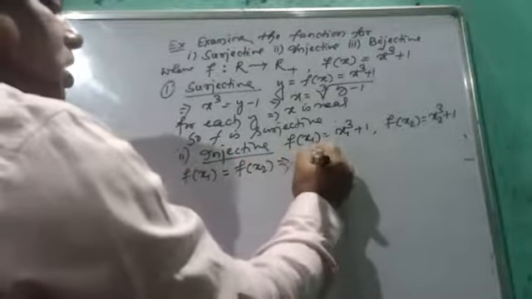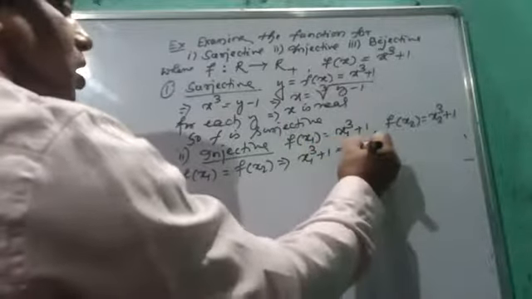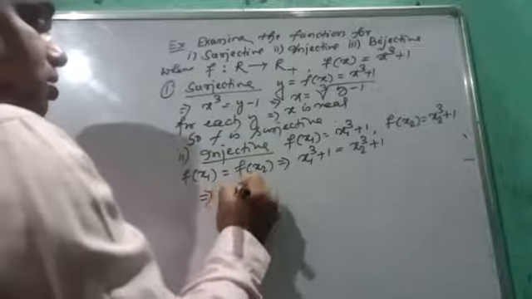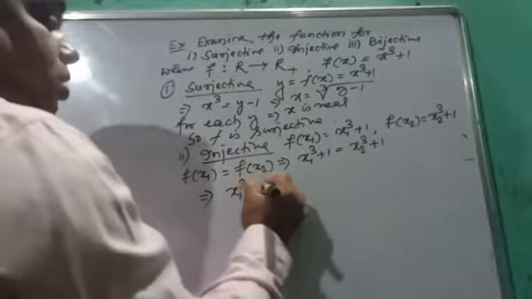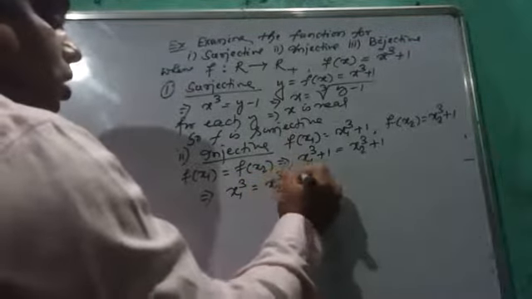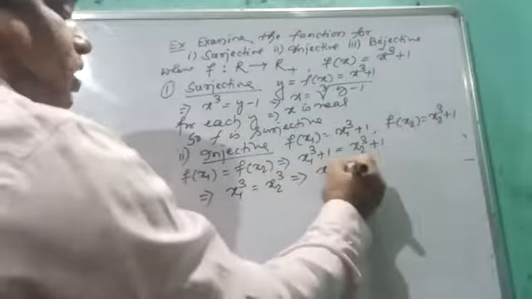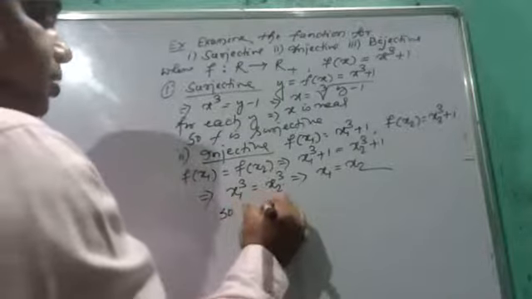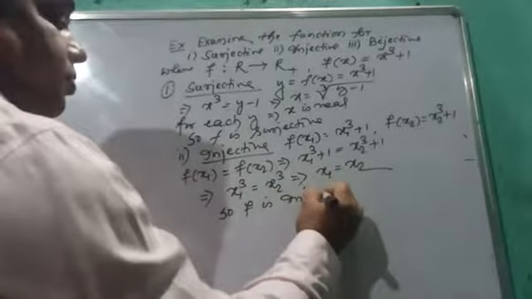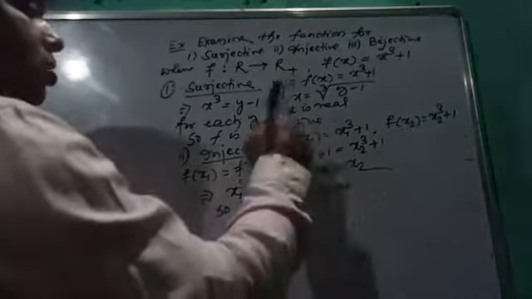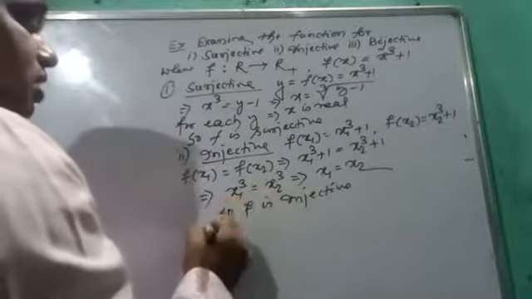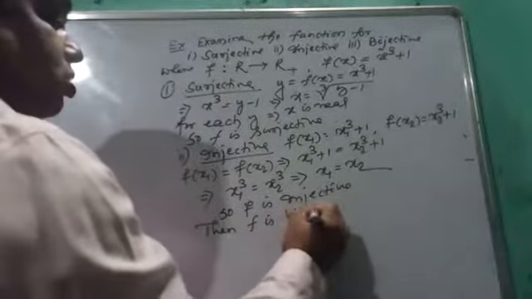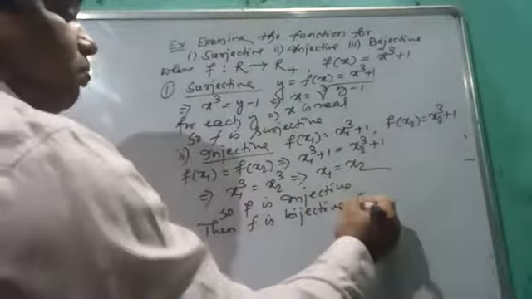That implies x1 cubed plus 1 is equal to x2 cubed plus 1, so x1 cubed is equal to x2 cubed. If you take the cube root on both sides, x1 is equal to x2. So f is injective. Since you have both surjective and injective, f is a bijective function.